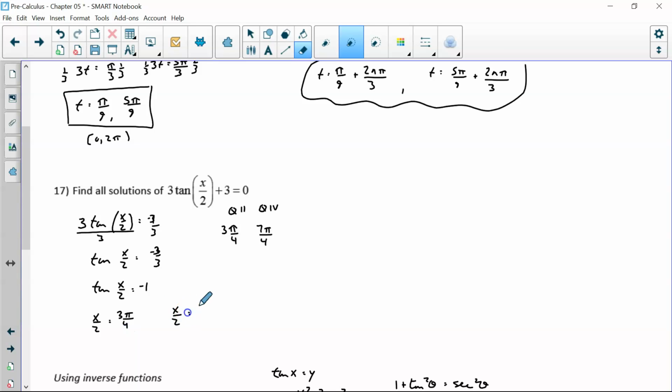X over 2 equals 7 pi over 4. To get rid of the dividing by 2, multiply both sides by 2. X equals 3 pi over 2. Multiply both sides by 2. X equals 7 pi over 2. Those are our solutions from 0 to 2 pi. Now for our general form.